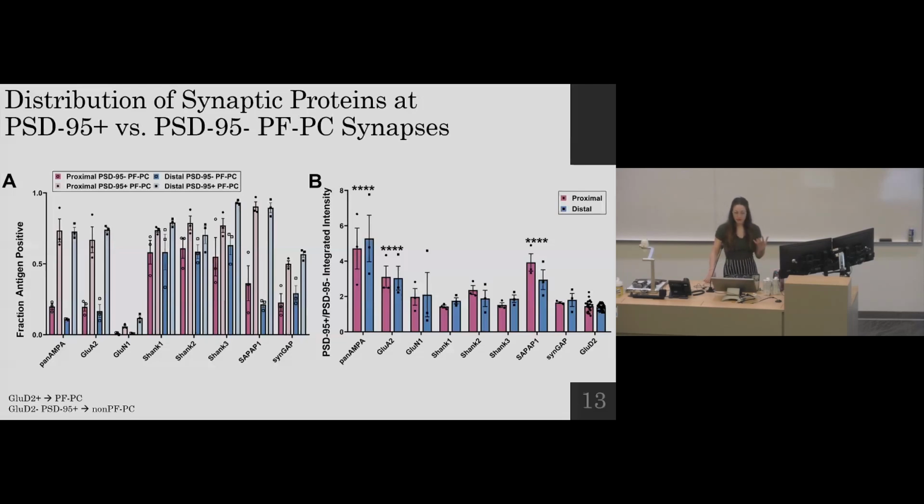And all of these were greater than 1, indicating that they were all brighter at PSD95 positive parallel fiber to Purkinje cell synapses. But post-hoc testing showed that PAN-AMPA, GLU-A2, and SAPAP1 all had greater ratios than all of the other antigens. So this indicates that PSD95 positive parallel fiber to Purkinje cell synapses may be larger or more dense than PSD95 negative parallel fiber to Purkinje cell synapses.